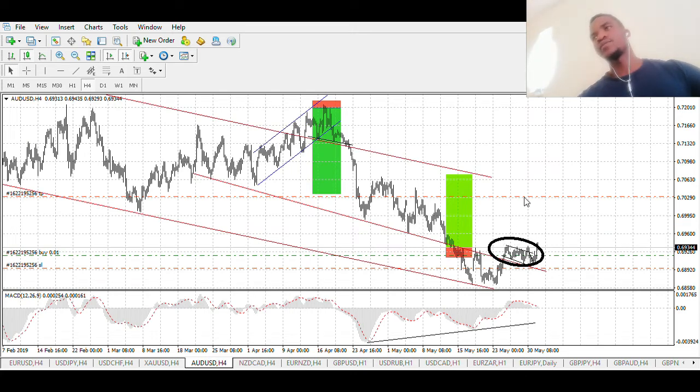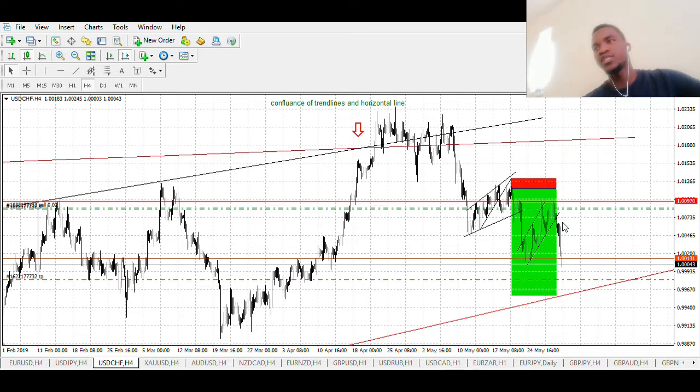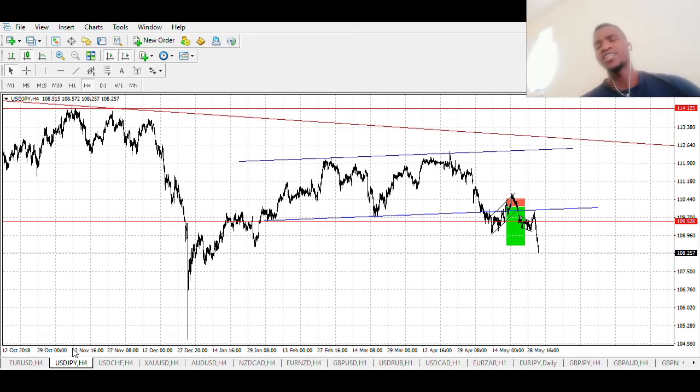Aussie US is going to the upside towards this take profit. Then gold, I'm still yet to decide, so there's no market structure that has been formed as of yet, but we'll see what's going to happen. USD Swiss franc is just going to continue to reach our take profit. So that's pretty much on the profit targets, guys.